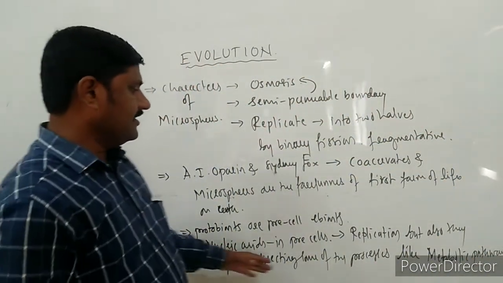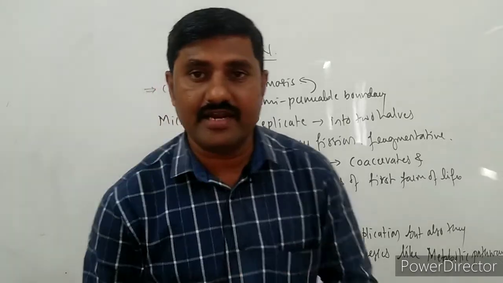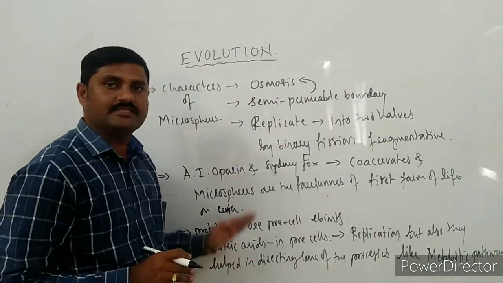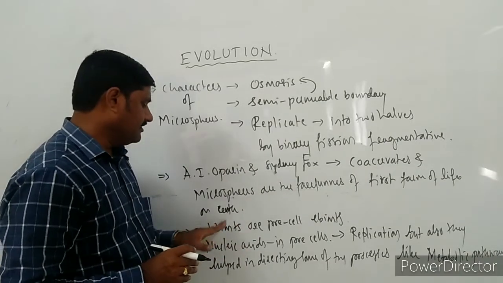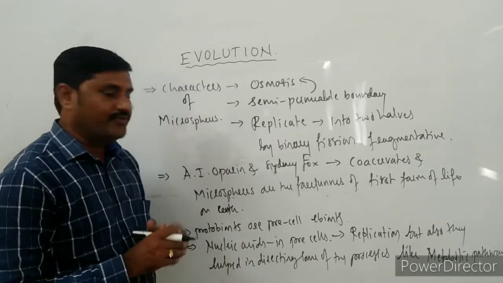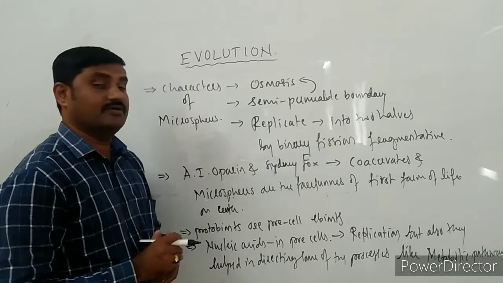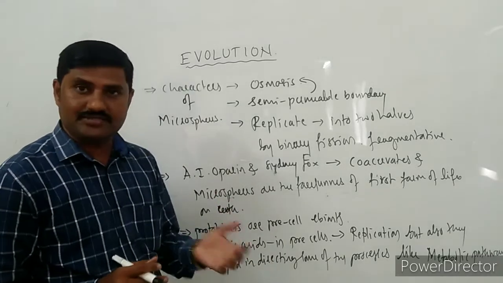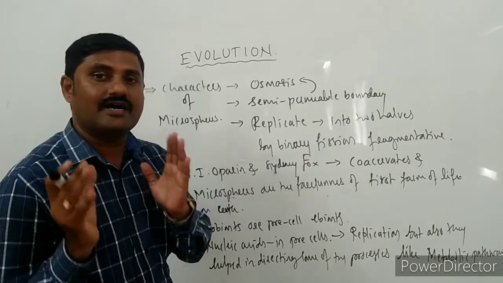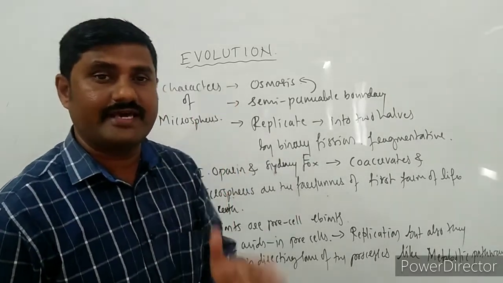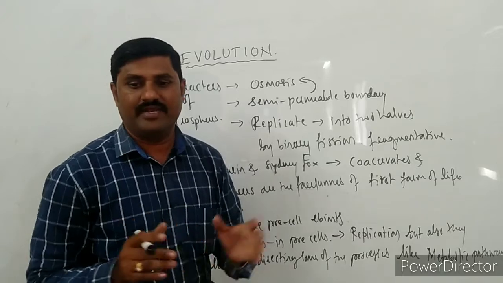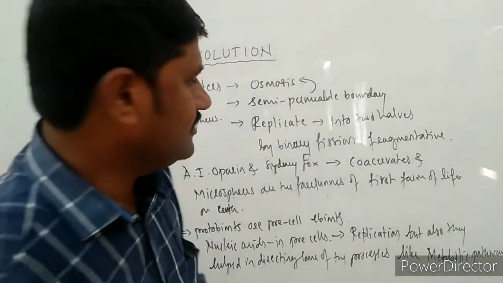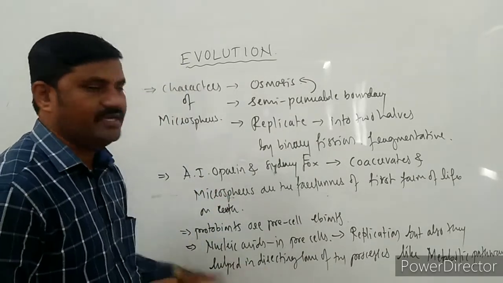So these kinds of processes were directed in these pre-cells, especially the protobionts. When such metabolic processes started, and even nucleic acid duplication started, all these were exhibiting the living characteristic features. This is a more important aspect to be remembered.